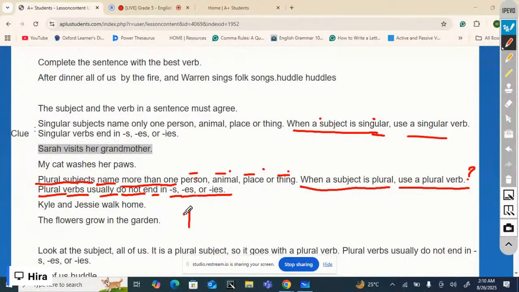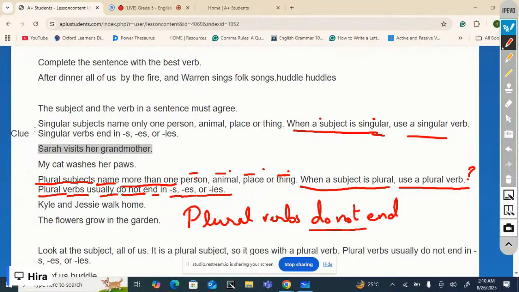Just underline this: plural verbs do not end in s, es, or ies.